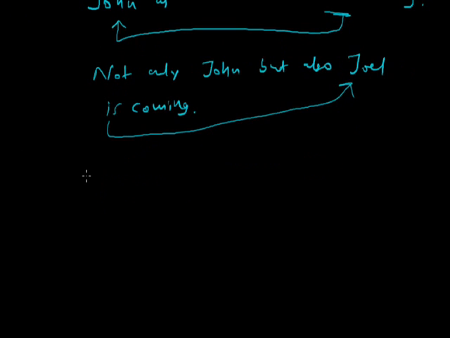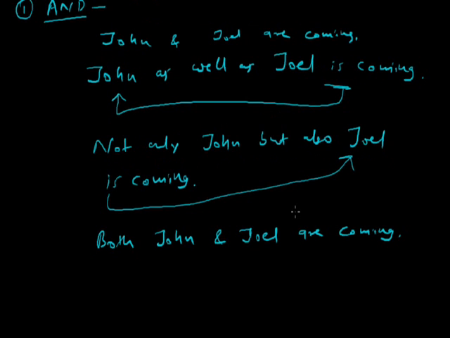Now, another thing. Both John and Joel are coming. Got it? So we have been able to connect the same sentence in four ways. And you already know how to use them.